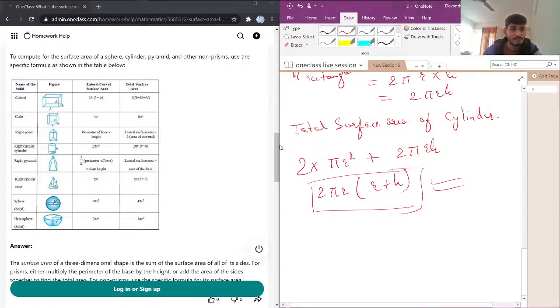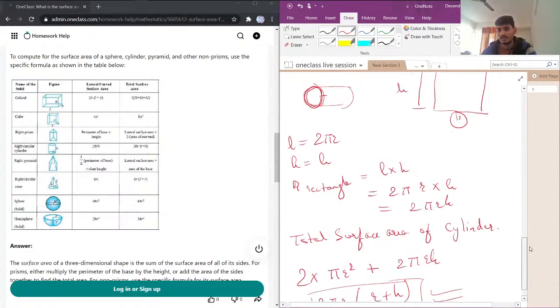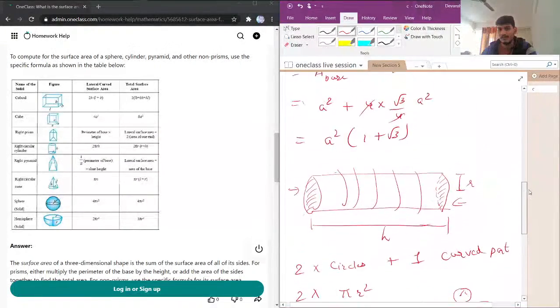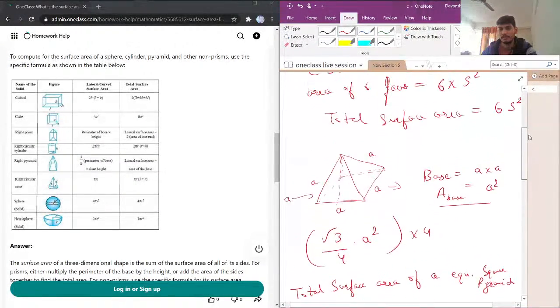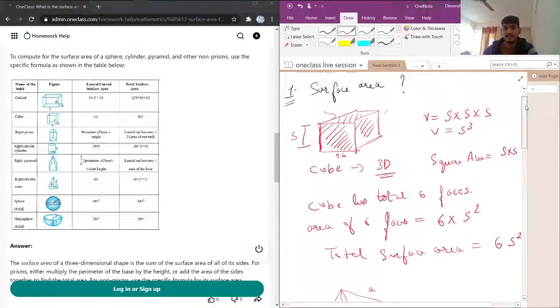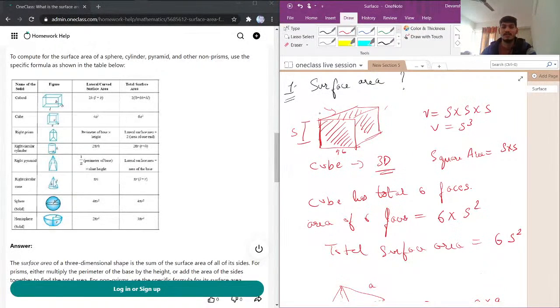Here we have one more formula, which is the lateral or curved surface area. In the case of a lateral or curved surface area, we do not include the base of the figure, neither base nor the top part. So suppose for a cube, the total surface area was 6s square, where s was the side.